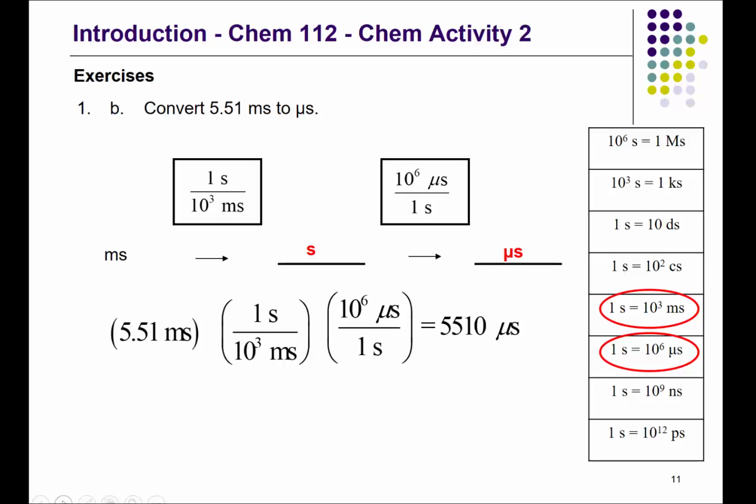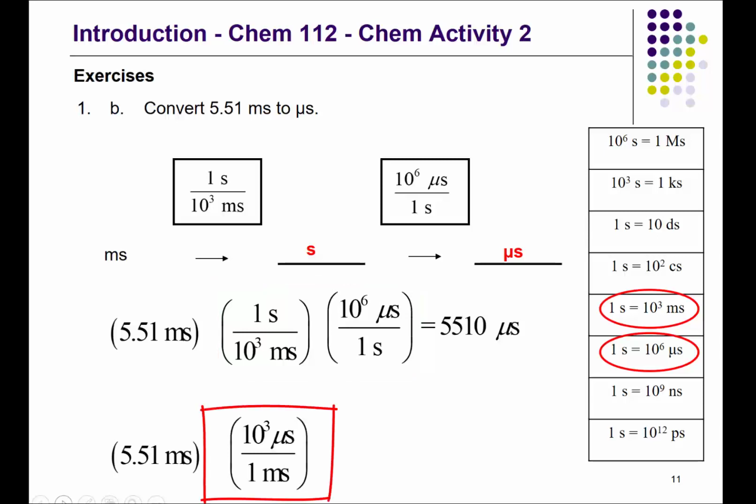Some of you may have taken a different approach in this calculation. A more efficient approach focuses on the relationship of microseconds to milliseconds. Combining two conversion factors used previously makes a third conversion factor of 10 to the 6 microseconds per 10 to the 3 milliseconds, or 10 to the 3 microseconds per millisecond.